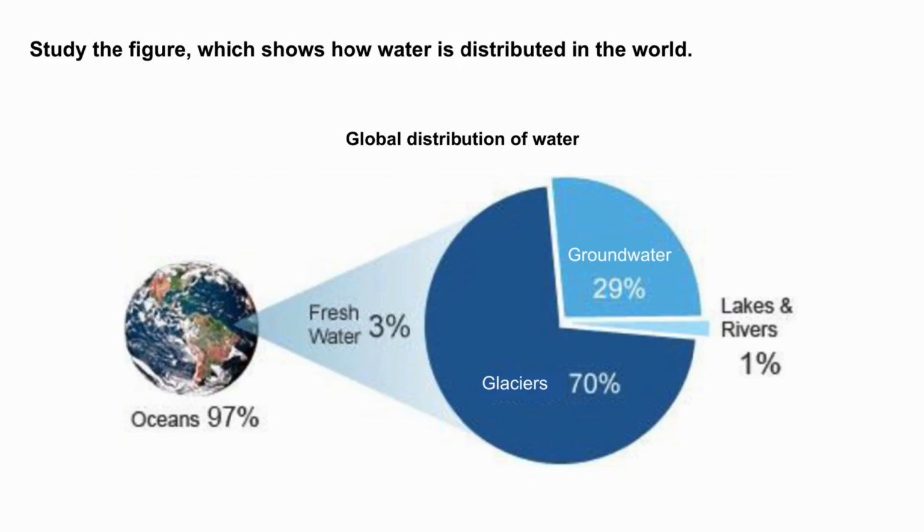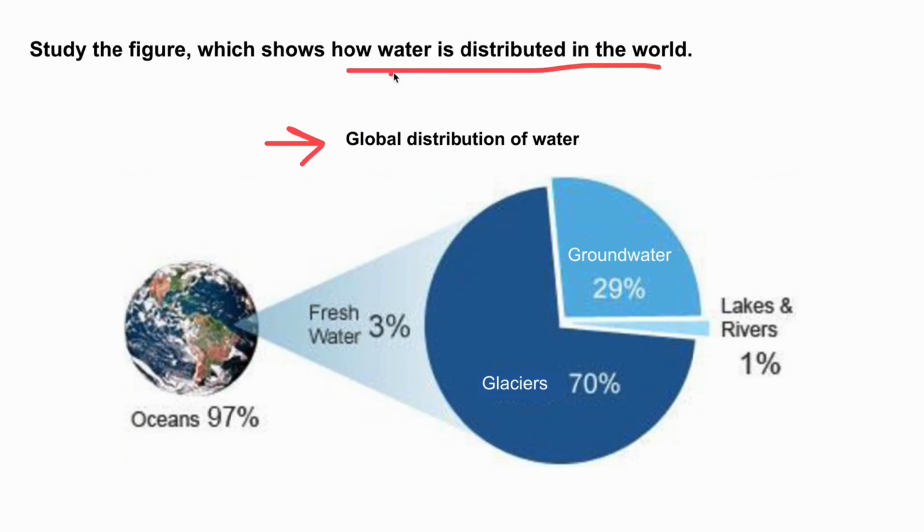Moving on to the second type of more complicated pie charts. In this case, you would already see this in your Sec 1 textbook about water, and it might appear again in different situations. How water is distributed in the world. Okay, it just means this, global distribution of water.